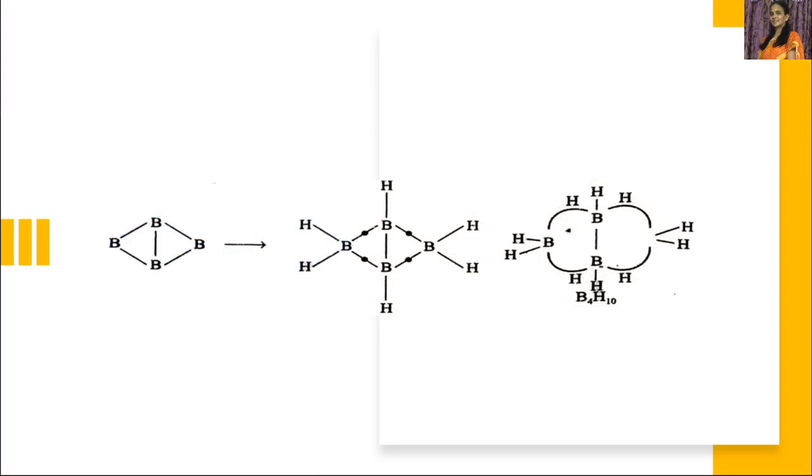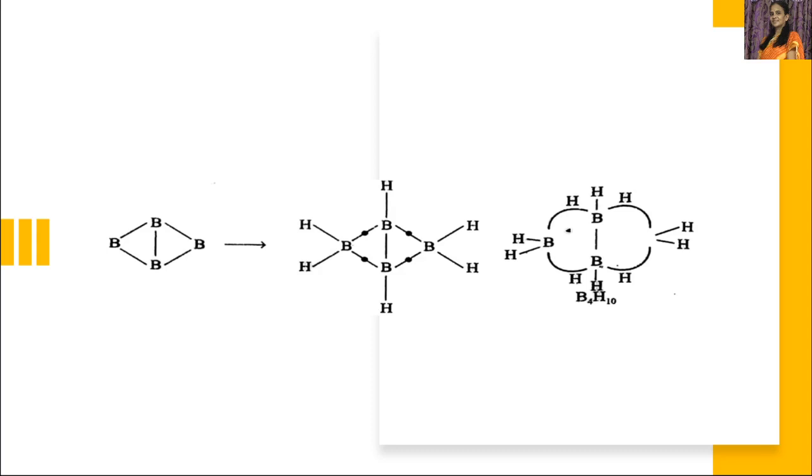Now let us see the B4H10 molecule, this one. Here we have boron, boron, boron and boron, four borons. These are the three hydrogens here, and here three hydrogens. And here two hydrogens, here two. These are the two BH2 groups.